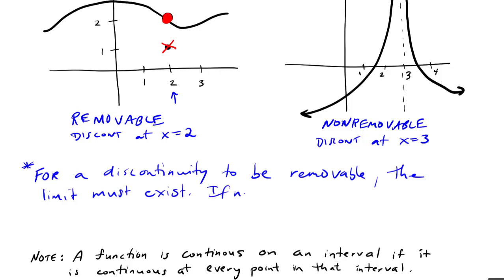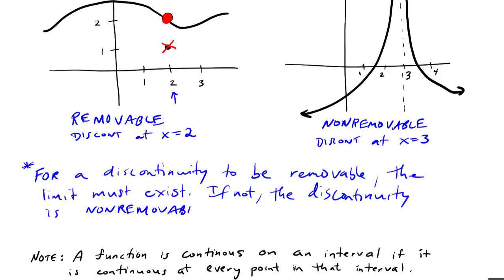If not, the discontinuity is non-removable. Okay, so there you have a nice distinction. You have a discontinuity. If the limit exists there, but it has to do with the function value causing the discontinuity, then it's removable. If you have a discontinuity based on the limit not existing, it can't be fixed, it's non-removable.